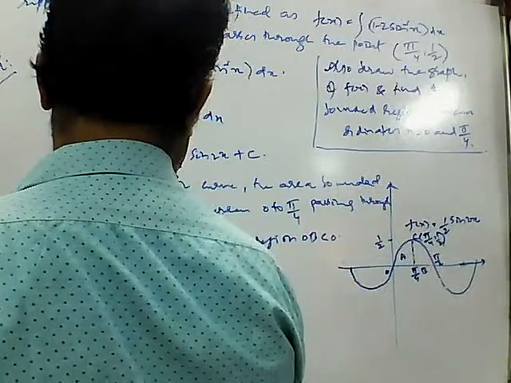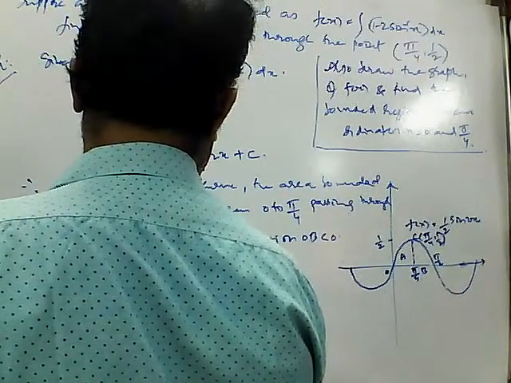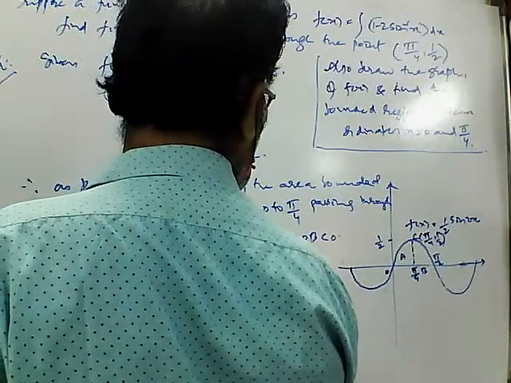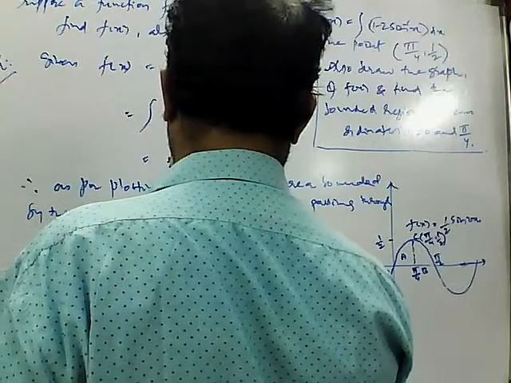Therefore, A is equal to the integral from 0 to pi by 4 of half sin 2x dx.